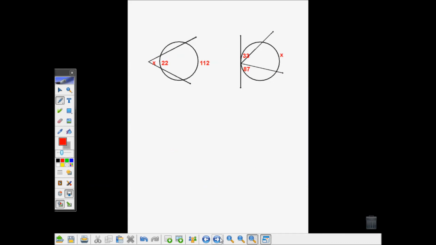All right, next one, the one on the left, we'll do that one first. Our lines intersect outside of the circle. They intersect right here. That is outside. So I think of my formula: angle equals 1/2 big arc minus small arc.